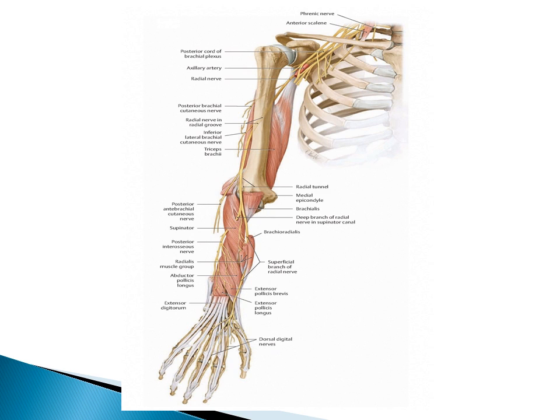From there, it pierces through the supinator muscle to give rise to the posterior interosseous nerve, and it also sends a superficial branch deep to the brachioradialis muscle.